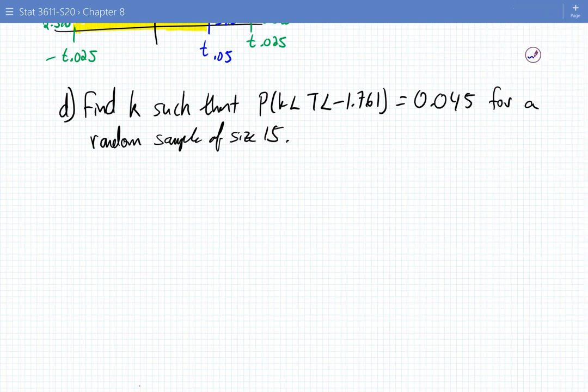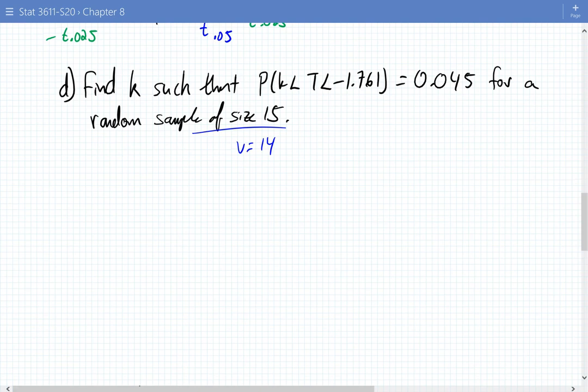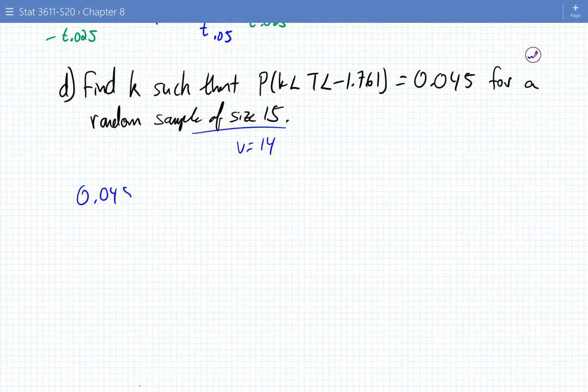All right. Well, size 15, that means we have 14 degrees of freedom. And let's see what we have here. Well, we want the probability of t being between k and negative 1.761 to equal 0.045. So how did we calculate probabilities like this?